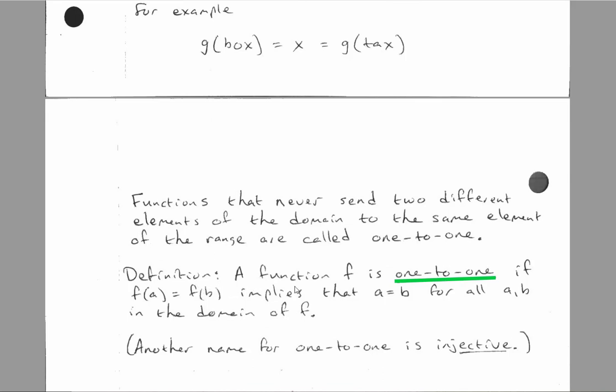Another way to say it: a function f is one-to-one if f of a equals f of b implies that a equals b, for all a and b in the domain. To be one-to-one, that's saying if a and b do get sent to the same place, the only way that can happen is if a was equal to b.